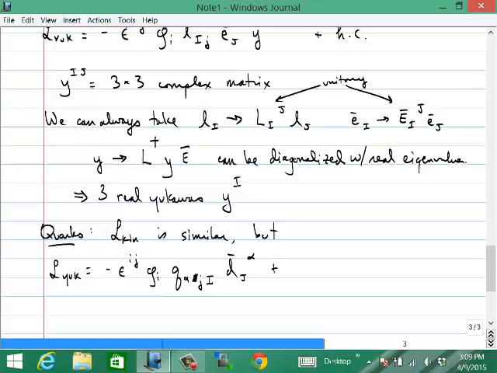And then we have some 3 by 3 matrix of Yukawa couplings here that I'll call Y prime ij, that generalize that Yukawa coupling Y prime.